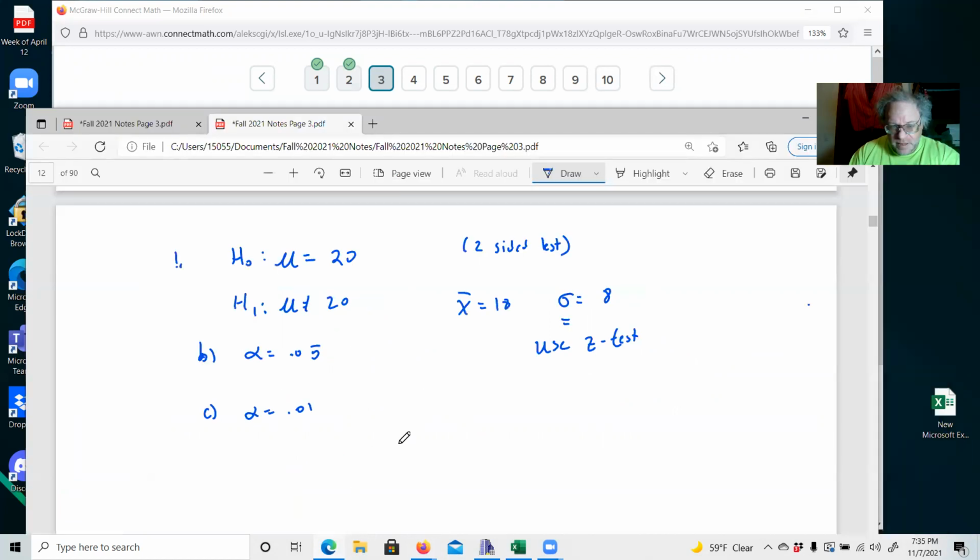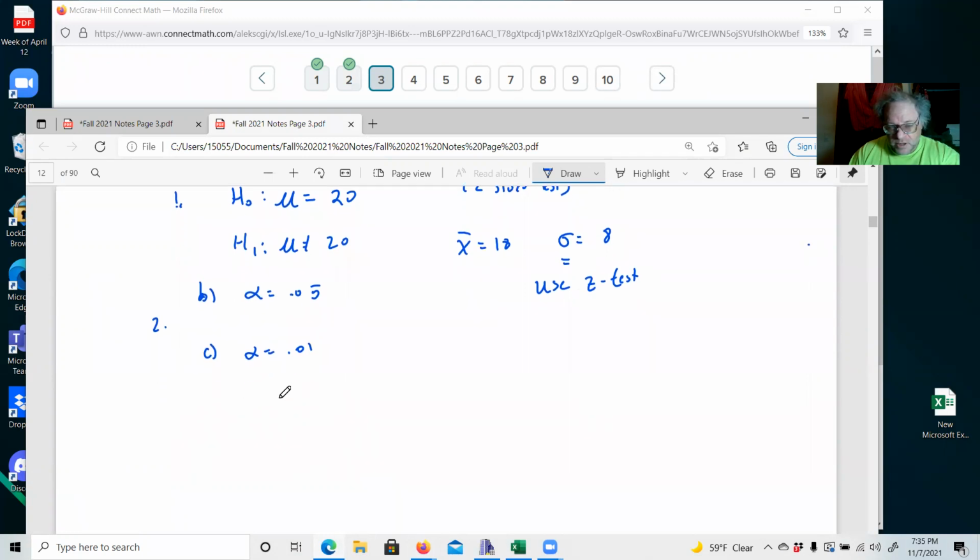All right. So our step one is to write down our hypothesis. This is technically step two, where we're going to go ahead and specify our level of significance. Part three here is we're going to calculate our test statistic.